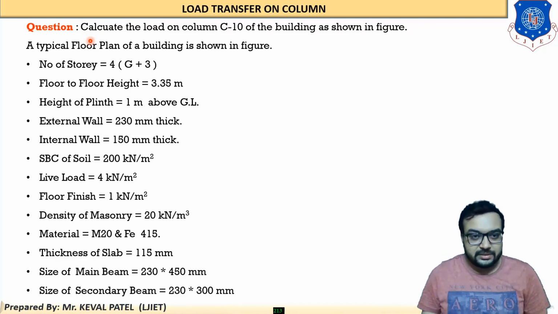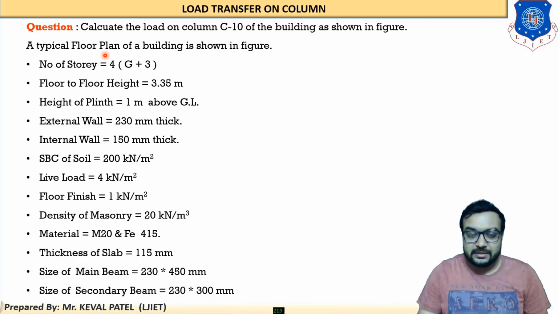Column C10 means column number 10 of the building as shown in the figure. The figure is given in the next slide. The given data is a typical floor plan.